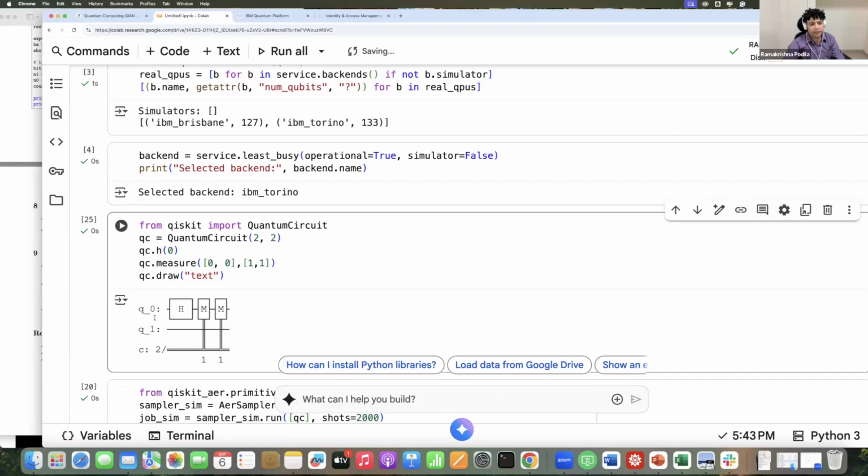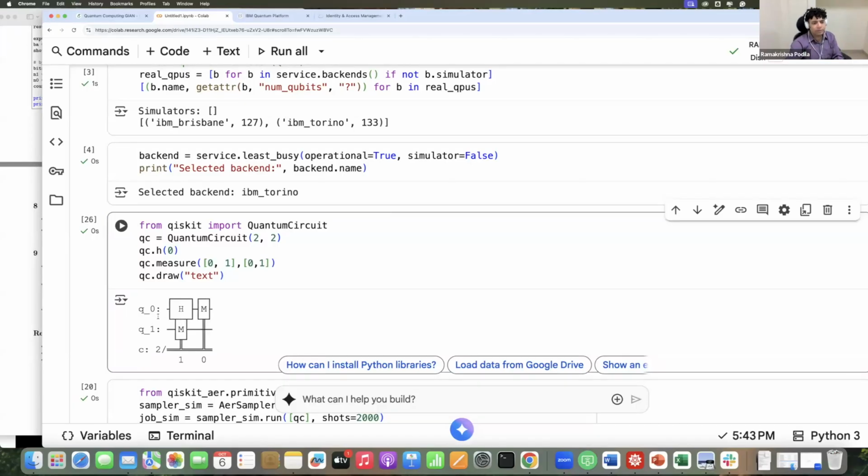So you see that I'm applying Hadamard gate only on the 0th qubit. And then measuring the 0th qubit, but it is showing measuring the 0th qubit again. Let's see. I have to do it this way.